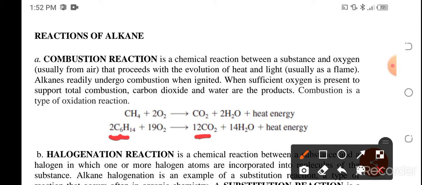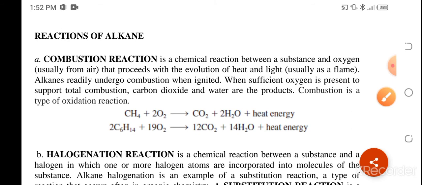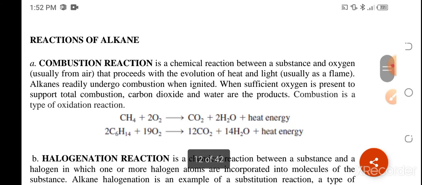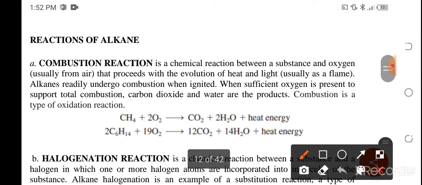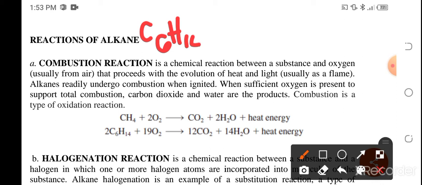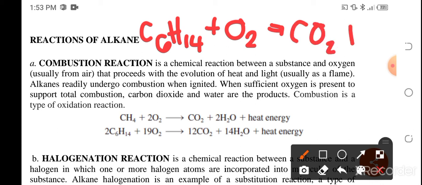Pero kung iisa-isahin natin yung steps, so say for example, C6H14 plus oxygen, giving us carbon dioxide and water.